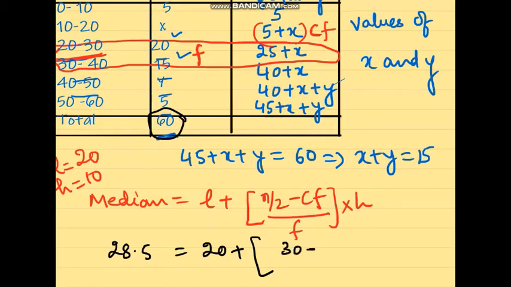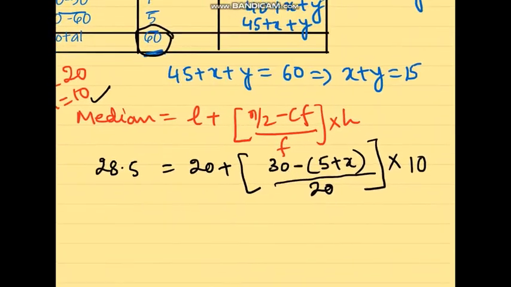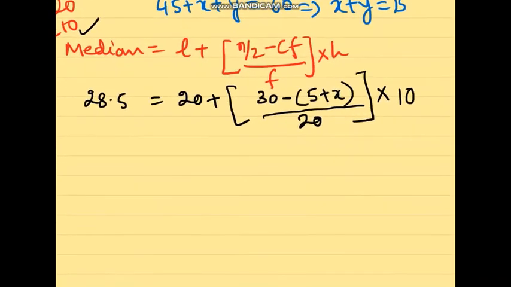Minus cf, and cf is 5 plus x, divided by the frequency, which is 20, into h, which is 10. So here we have taken the values of all the required variables. Now let us solve it.